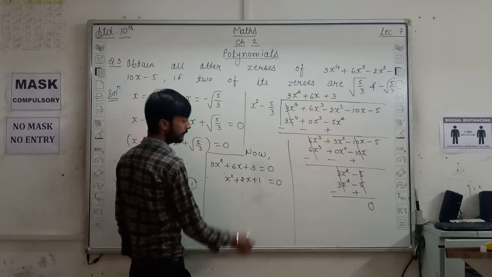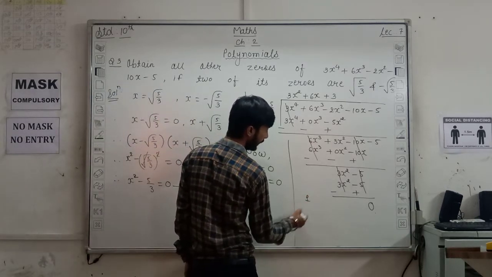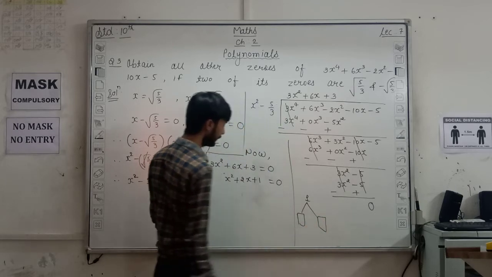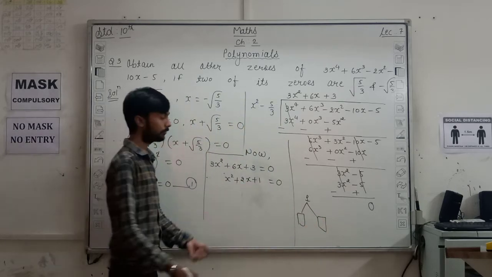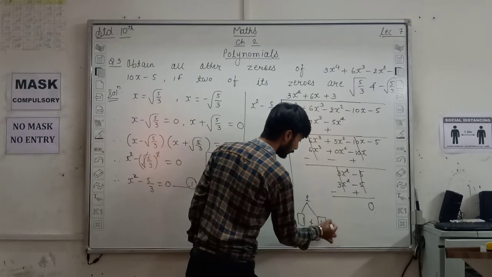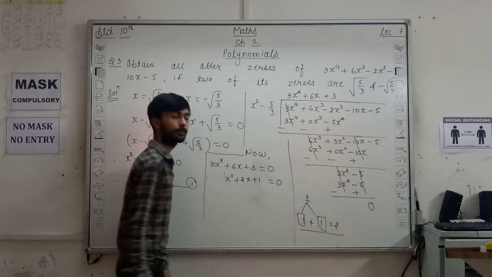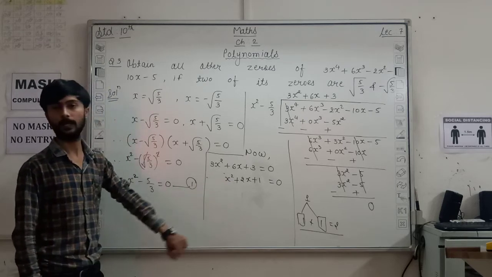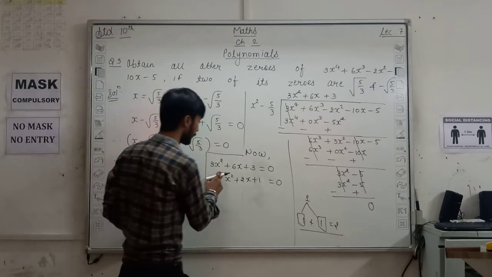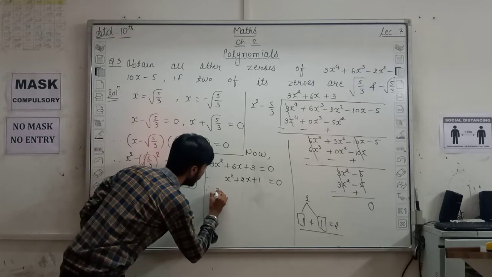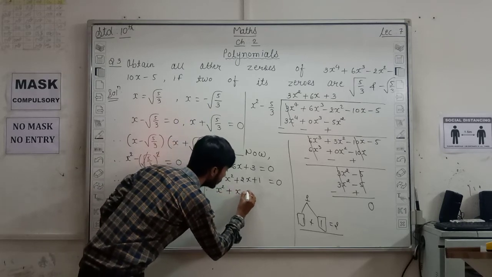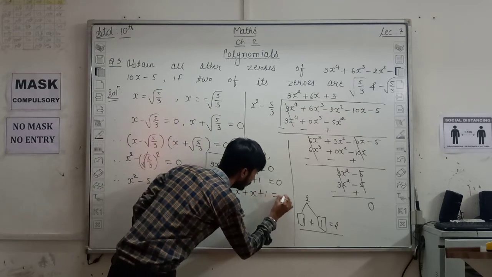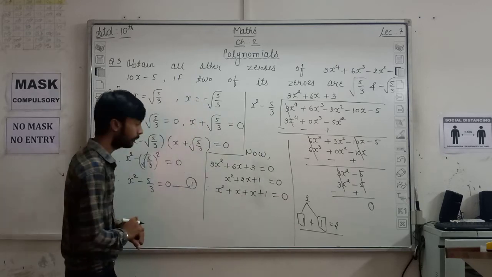Now factorize this: factors of 1 that are 1 and 1, and the sum is 2. So in place of 2x we write x plus x. Therefore x square plus x plus x plus 1 equals 0.